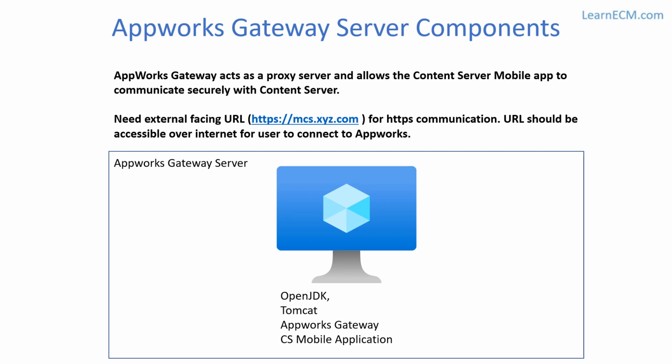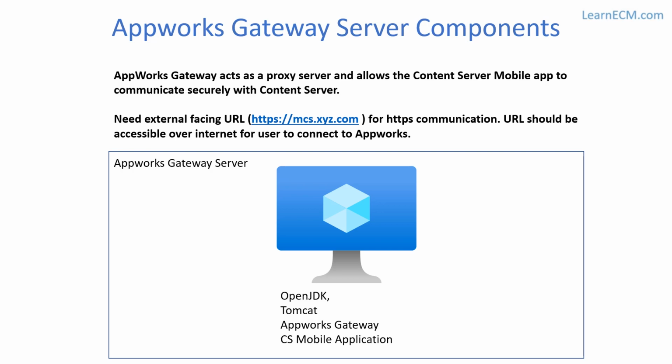If we are planning for HTTPS, we also need to install the certificates on this server, and this URL should be accessible over the internet so that users can connect to this server from their mobile devices. So this is the first component, which comprises OpenJDK, Tomcat, AppWorks Gateway and the CS Mobile Application.